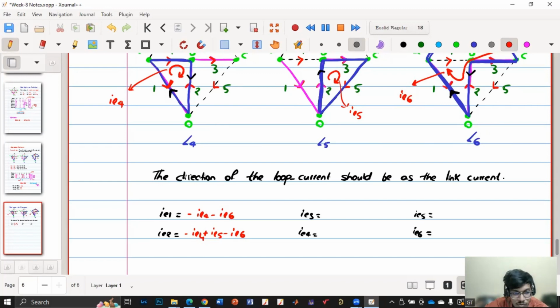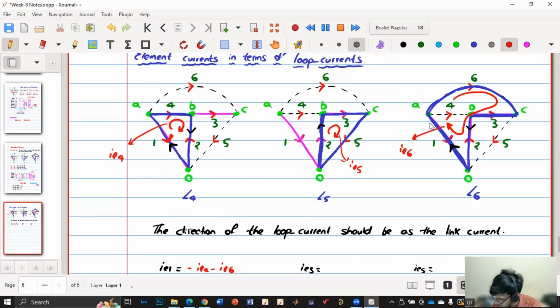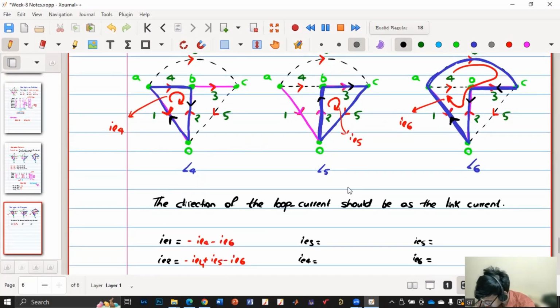Similarly, IE3 has two components. One is in the same direction, the other is in the opposite direction. So it will be IL5 minus IL6. Now if you go to element 4, element 4 has only one component, so element 4 is nothing but IL4.